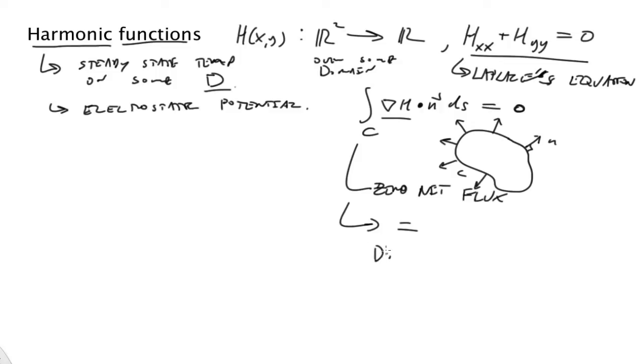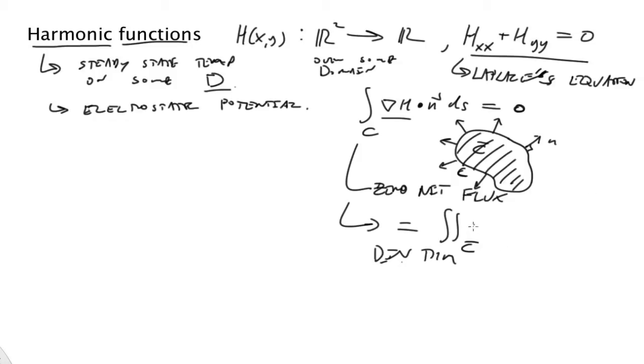Of course, this 0 net flux property also defines Laplace's equation because of the divergence theorem, which states that any flux like this is also equal to the integral over the area. I'll call it C bar: if C is the path around this region, C bar is the entire area inside.